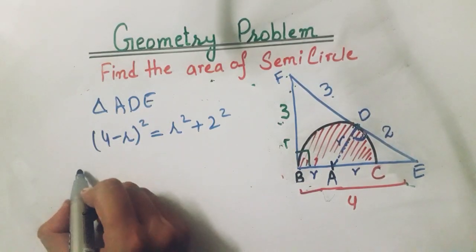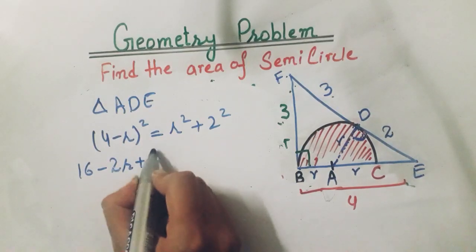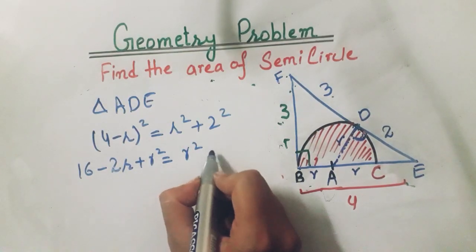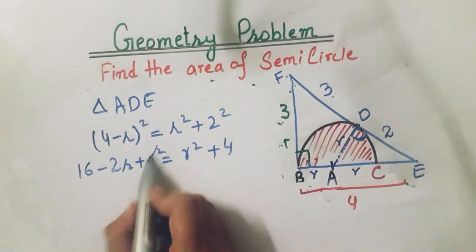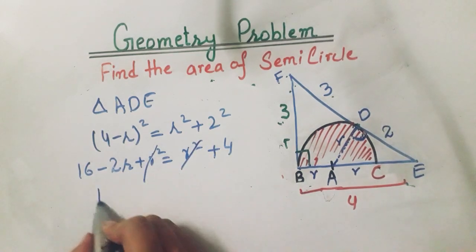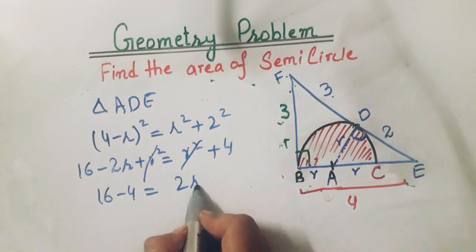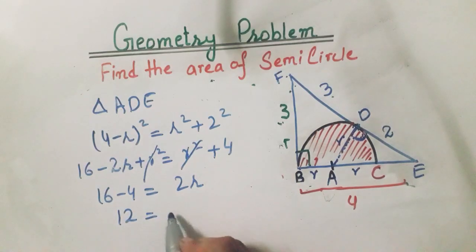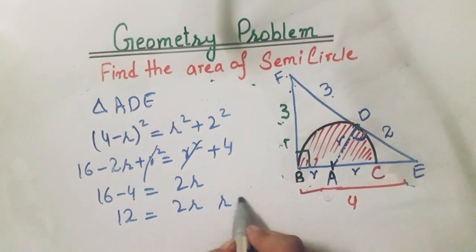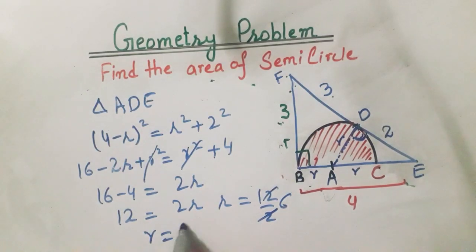Now we get 16 minus 8R plus R square equals R square plus 4. Now you can see R square and R square cancel out. 16 minus 4 equals 8R. Wait, 16 minus 4 is 12 equals 2R, which implies that R equals 12 by 2, that is 6. So the value of the radius is 6.